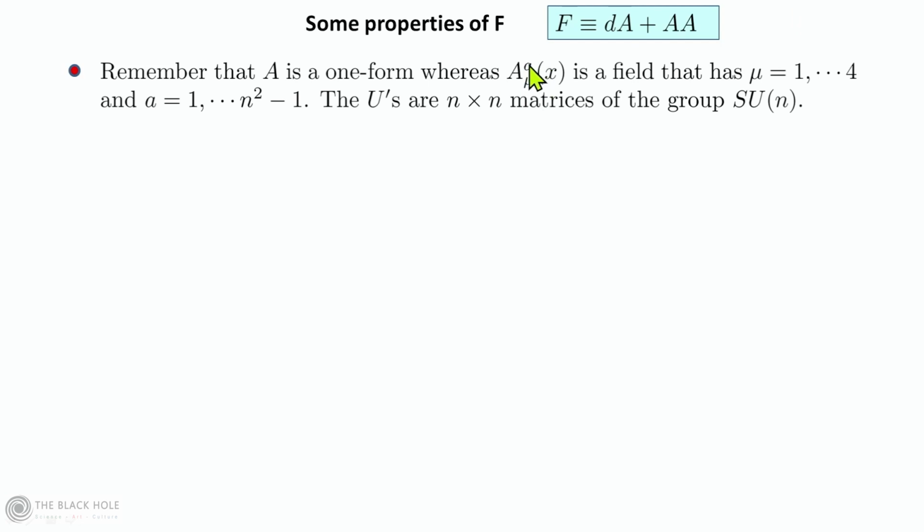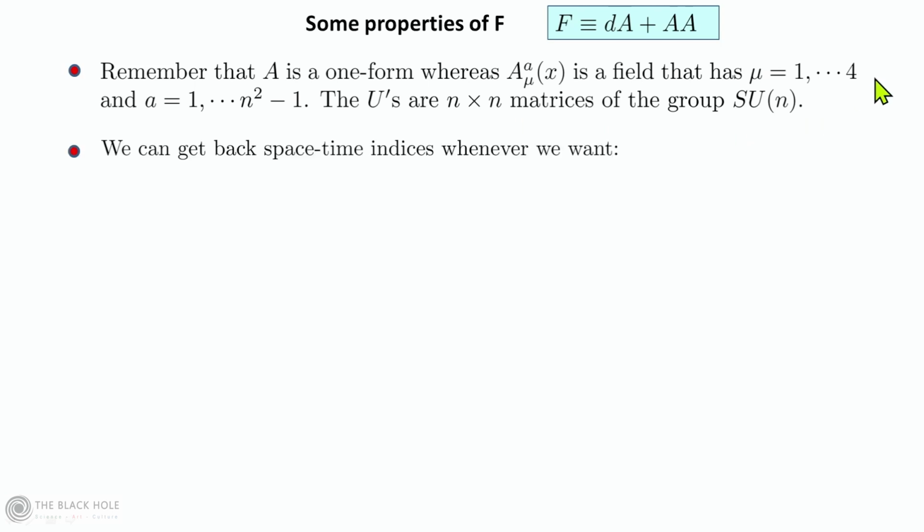So this is the group index A. And this A, if it's an SU(N) matrix, will go from 1 up till N squared minus 1. So for QCD, where you have SU(3) invariance, A goes from 1 up till 8. There are, remember, 8 gluons, so this is exactly QCD.